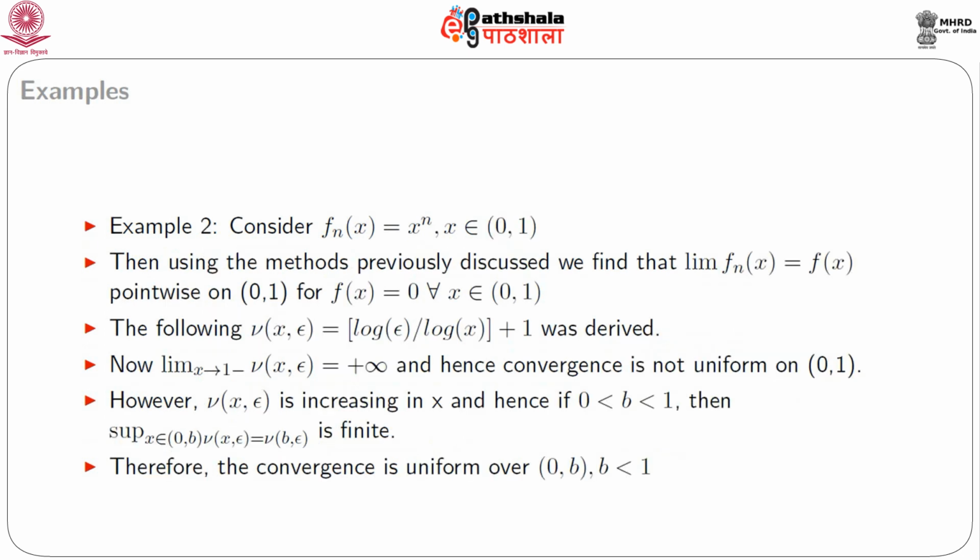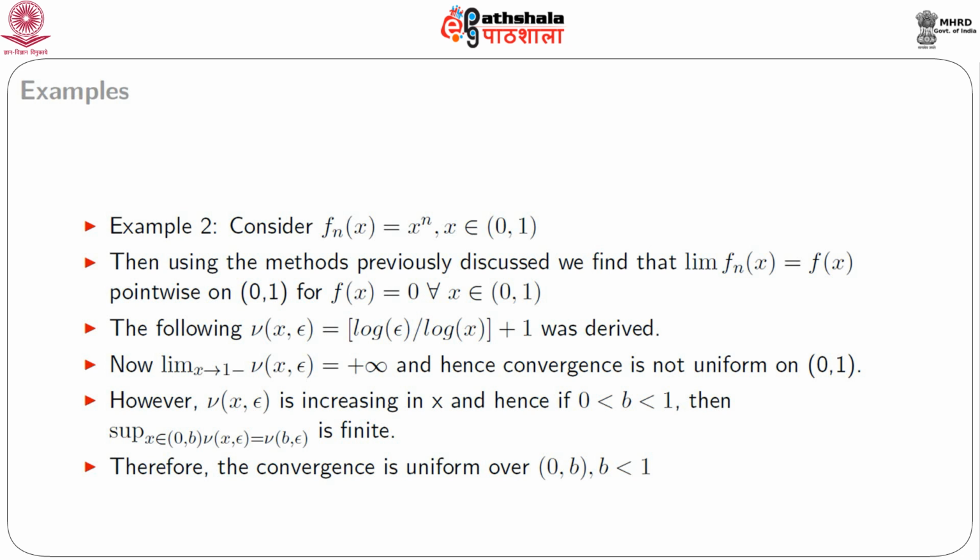Next, consider our old example where the sequence of functions is defined as x^n for x belonging to the open interval (0, 1). Then, using the methods previously discussed, we find that the limit of f_n(x) equals f(x) pointwise on (0, 1), for f(x) equal to 0 for all x in (0, 1).